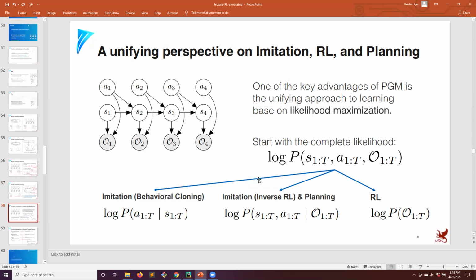Then we have this case where this is used for imitation, inverse RL and planning. So we want to be able to select the action that will lead us to the optimal trajectory. And this is the standard RL case.